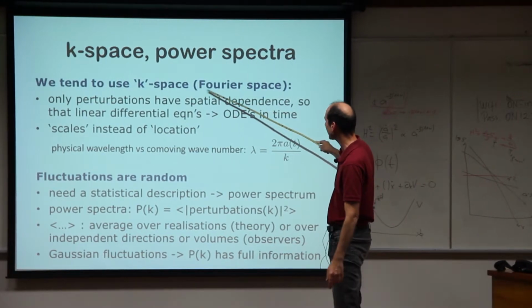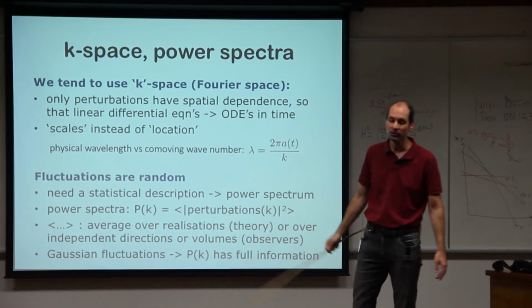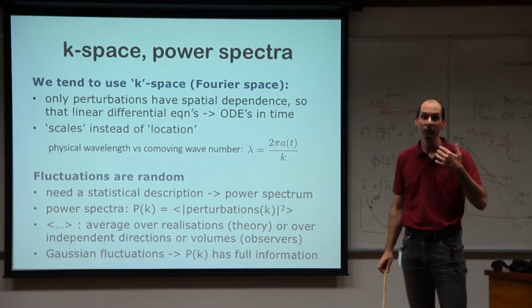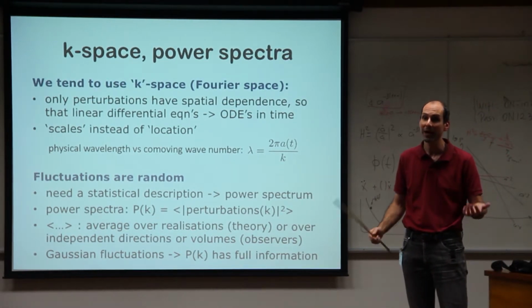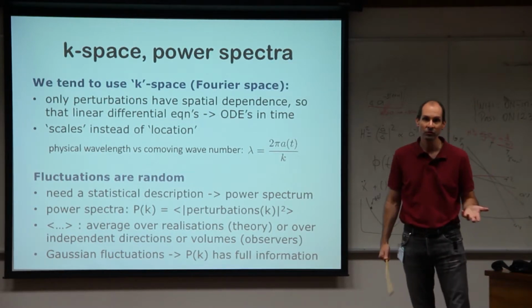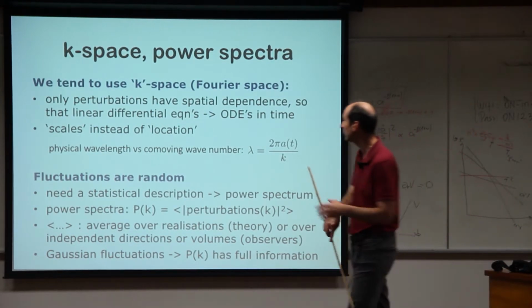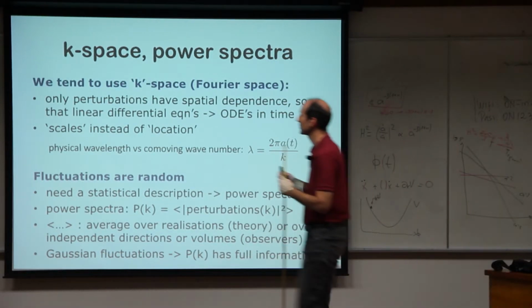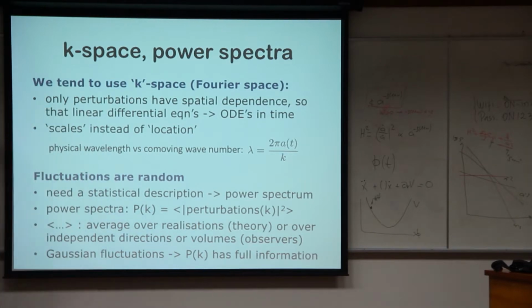So when we calculate the evolution of the perturbations, because the perturbations are small, of the order of 10 to the minus 5, what we typically do is linear perturbation theory. And linear perturbation theory leads to equations like, I'll just write something.